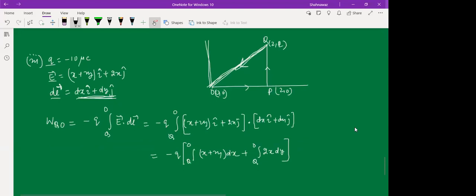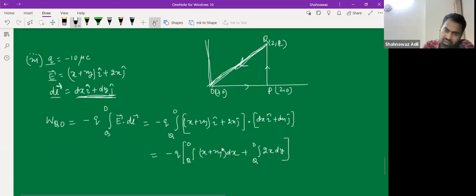Yes, sir. Now you see that we are calculating the integral with respect to dx, right? But we have a function which is y. We can only calculate the integral whenever we have a function of x, right?